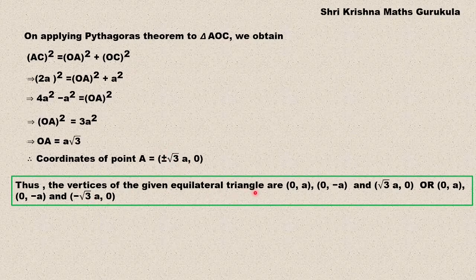So the vertices of the given triangle are 0 comma a, 0 comma minus a, and a root 3 comma 0. This is the triangle which comes to the right side of the y-axis, and there is another triangle possible which is to the left side of the y-axis. So the vertices of that triangle would be 0 comma a, 0 comma minus a, and minus a root 3 comma 0.